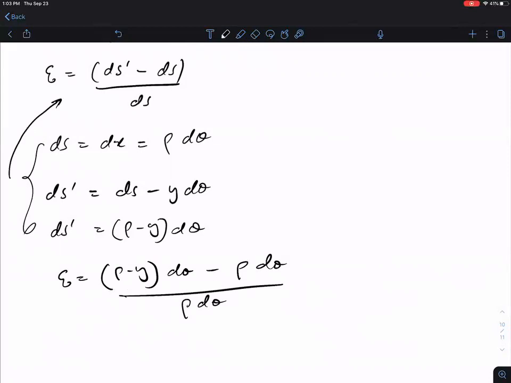And then we can divide things. If we divide throughout, the d thetas cancel. We end up with an expression that says the strain is equal to minus y over rho. Or another way of writing that is 1 over the radius of curvature is equal to minus the strain over y.